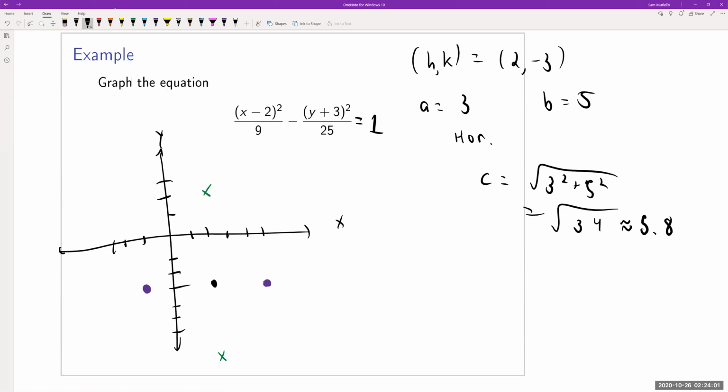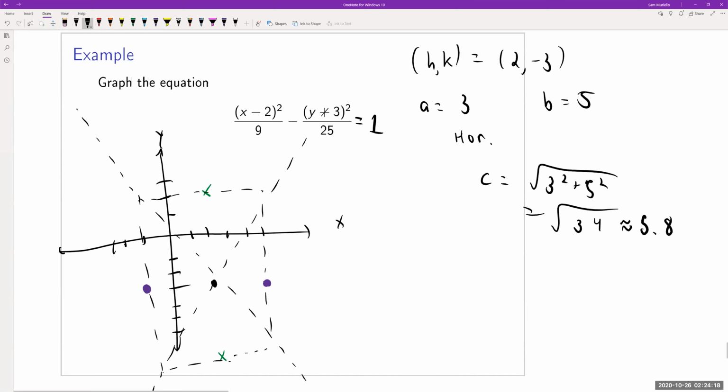Using these ideas, we'll create ourselves the guide box. Use this guide box to create the diagonals, and use these diagonals to loosely inform the shape of our hyperbola.